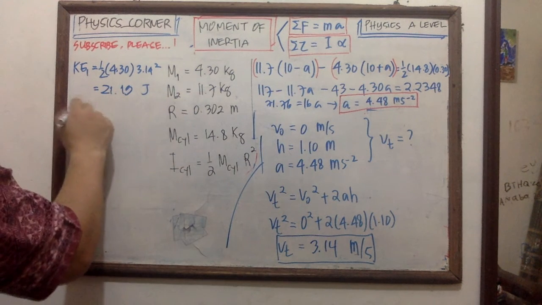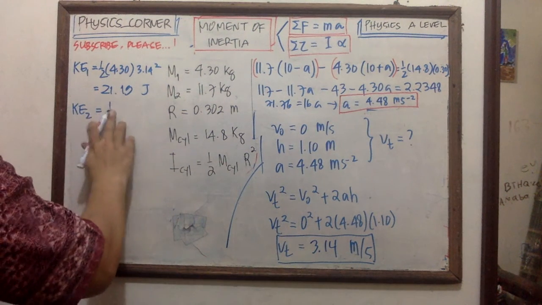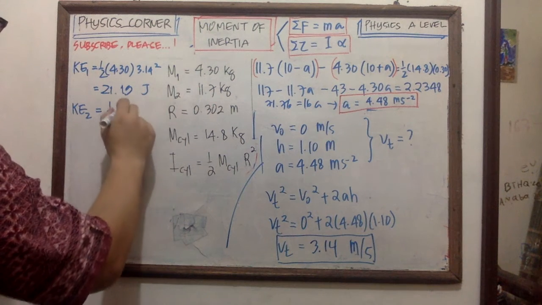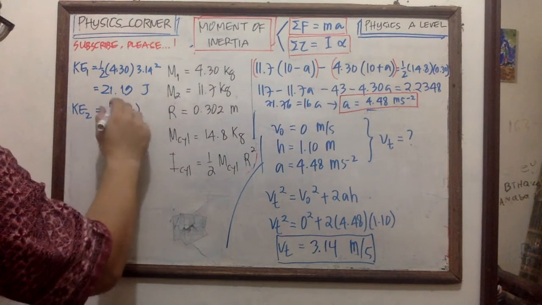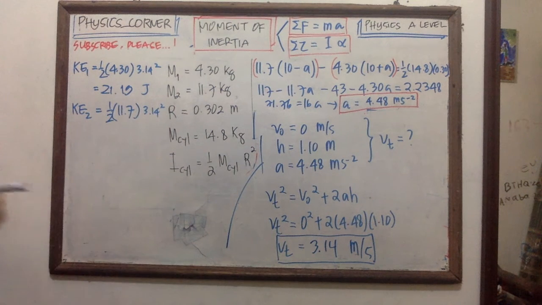Then kinetic energy 2 is a half of 11.7 kilograms, and the velocity is 3.14 squared.